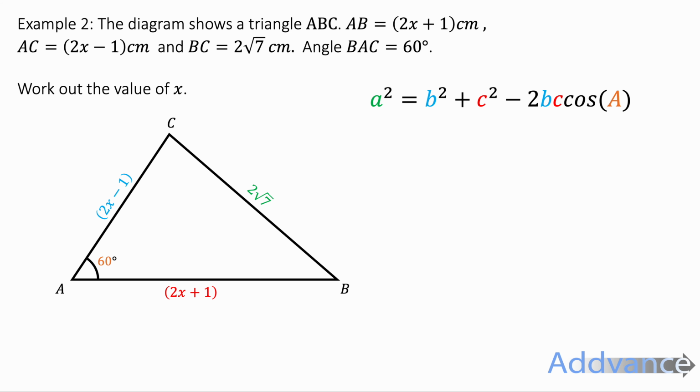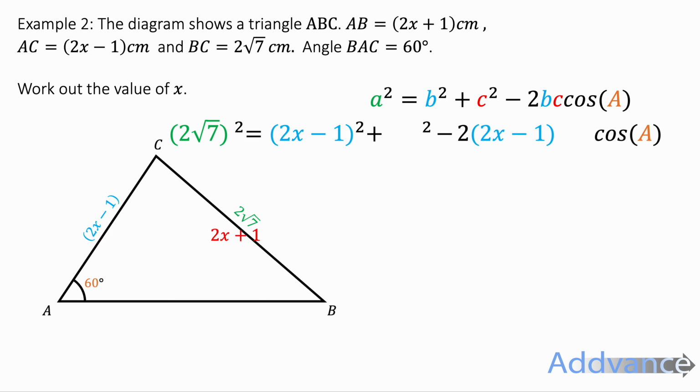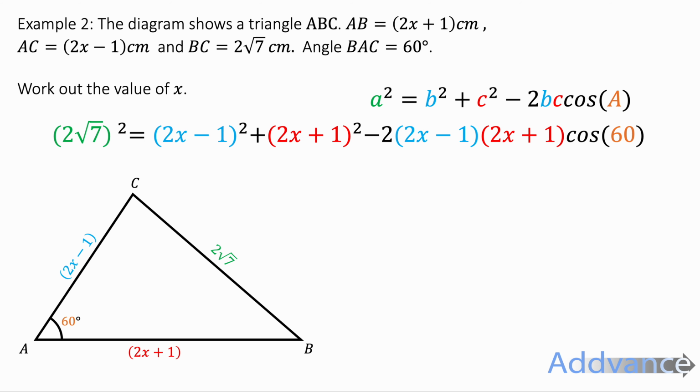And we can start substituting those terms in because they're not numbers. So A goes there in brackets, B goes there like that, and C goes like that. And then finally the angle, cos A, goes in the cosine rule like that. That is just substituting those terms into the cosine rule.